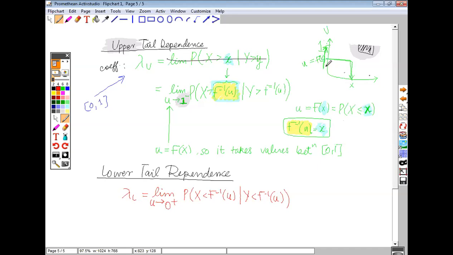You have to approach 0 from above. So you are taking into account not only the exact 0, but something here as well. So this square is what you are taking into account for lower tail dependence. Does this make sense to everyone? And again, this would also take values only between 0 and 1.